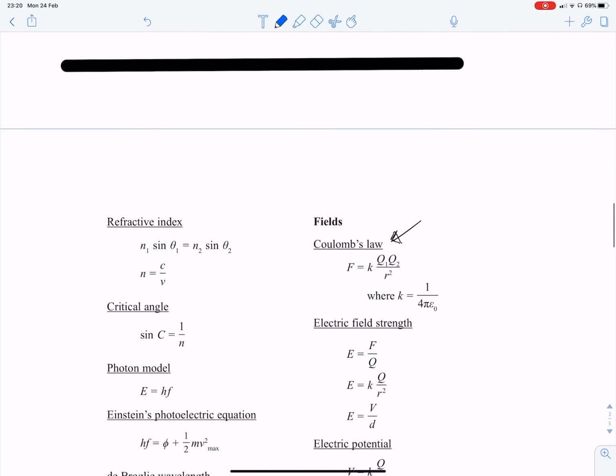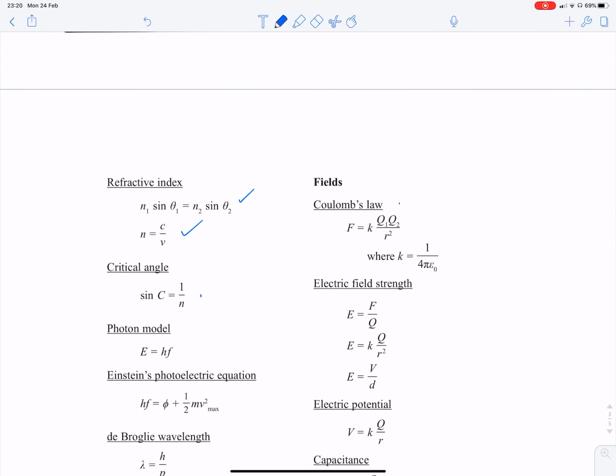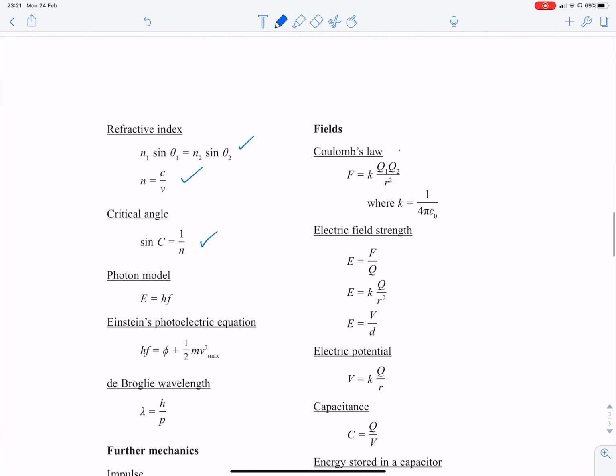The refractive index: n1 sine theta 1 equals n2 sine theta 2, and n equals c over v. Critical angle: sine c is 1 over n. The photon model: energy equals Planck's constant times frequency.